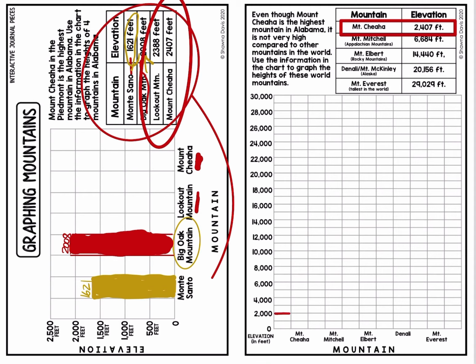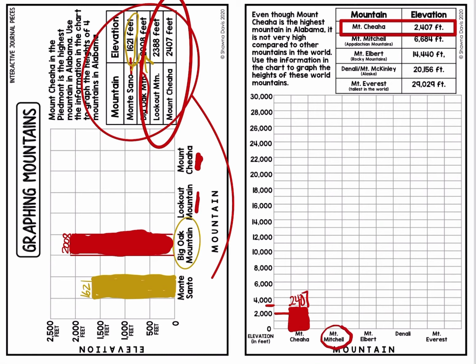Here's 2,000, and this would be 3,000 right here. So 2,407 is kind of right in here. It's not all the way to the top. And I'm going to put 2,407 because it's 2,407 feet.